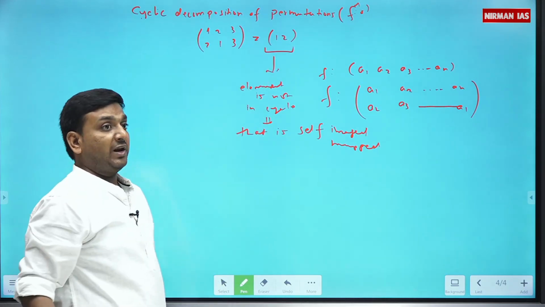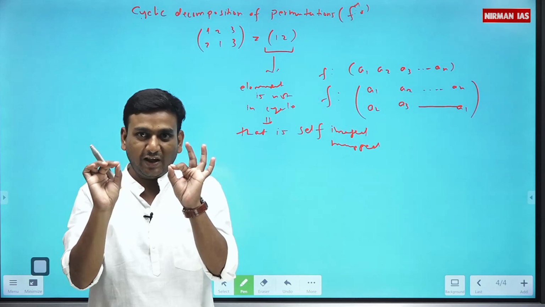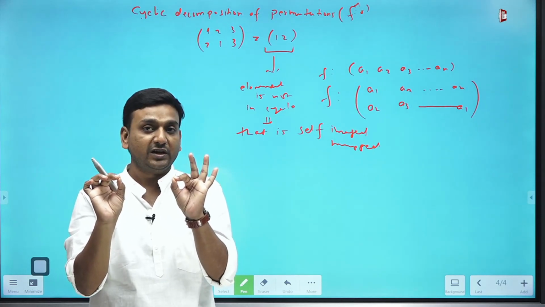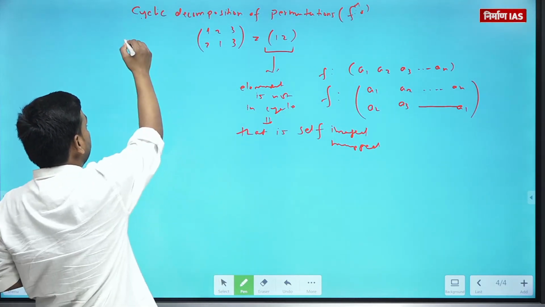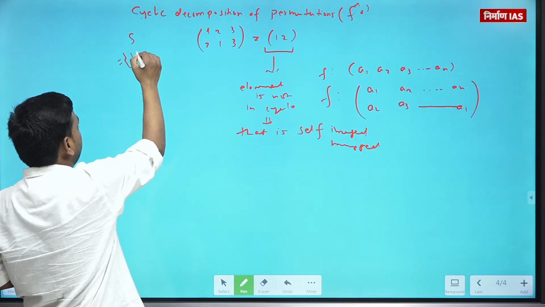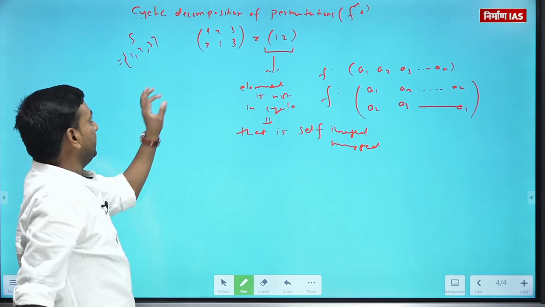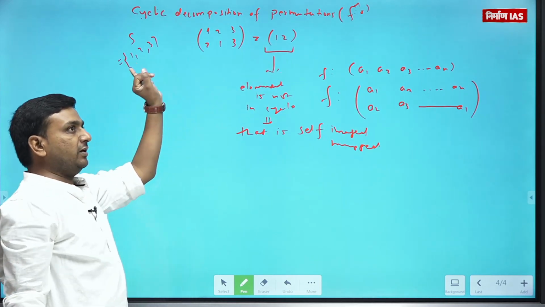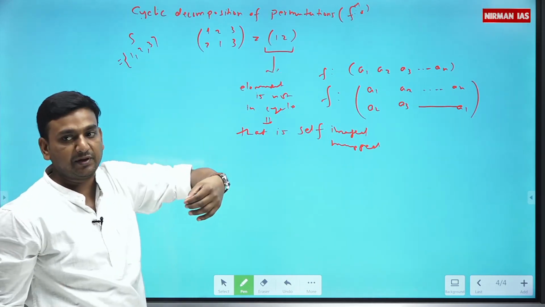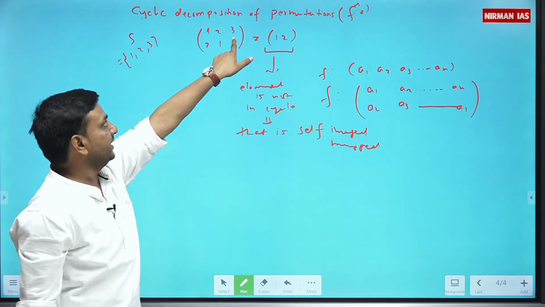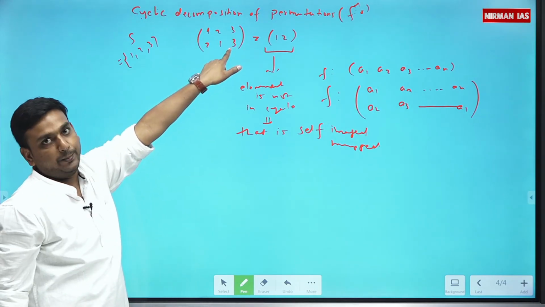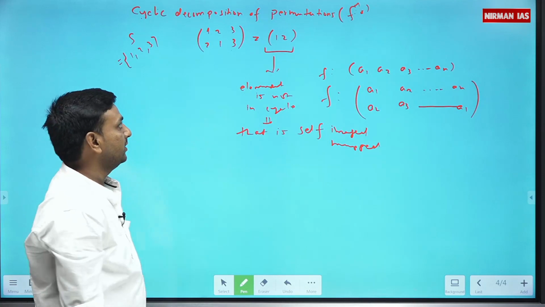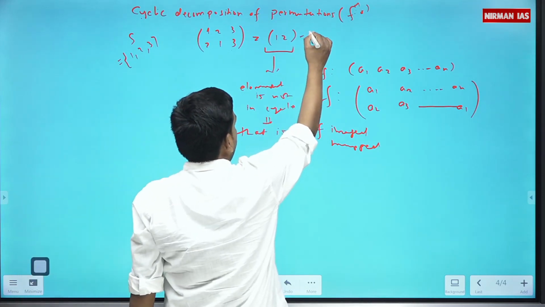That doesn't mean you will have an infinite number of elements; you will have a set of symbols first. So let's say you have a set with 3 symbols only, and in a cycle you have only 2 elements. Then you will say the third element is self-imaged. So it is representing that 3 is mapped to 3 only. Is that clear? So this is sigma 1.